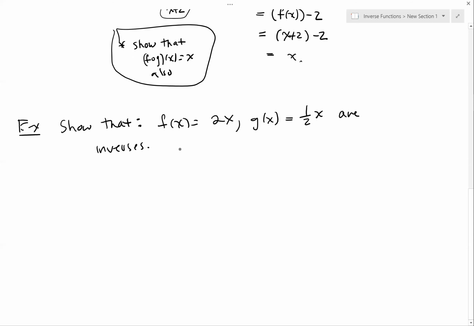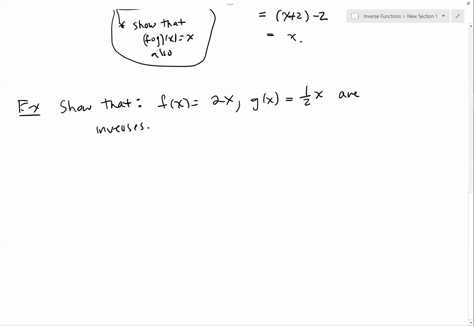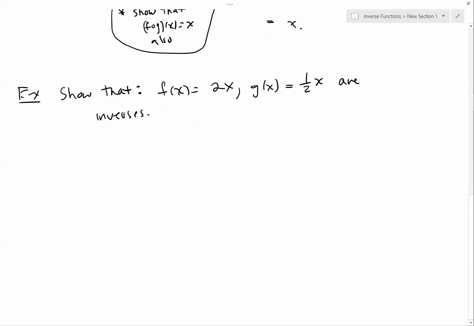If you think about it, I know I'm talking quick, but think about why they might be inverses, and it might become clear. But let's show it formally. To show or to prove, those are kind of synonyms in this case, that they actually are inverses, you have to show two things.